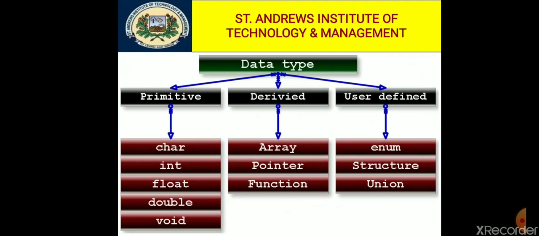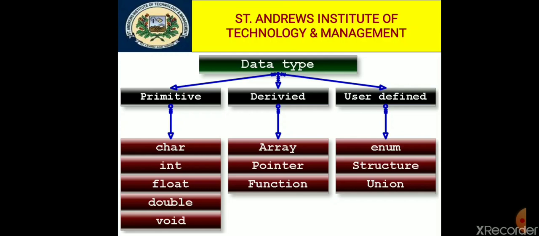So here you saw in a slide that there are various data types provided by C language. First one is primitive data type. Primitive data types are also called fundamental or basic data types.